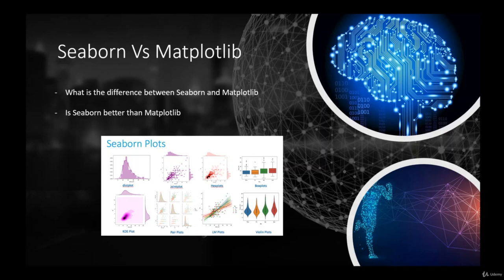Also, Seaborn functions work well with data frames, which Matplotlib is not the best at. So is Seaborn better than Matplotlib? Not really. Seaborn is built on Matplotlib, and it is, we can say, a part of Matplotlib. So is it better? Not really. It's just part of it. It's like a higher version of Matplotlib.